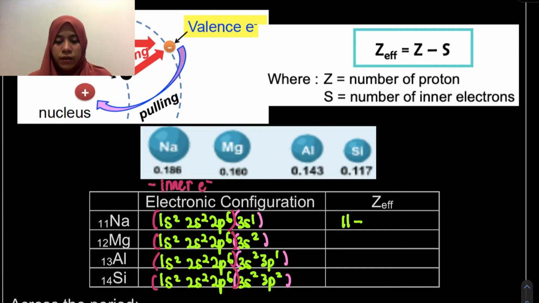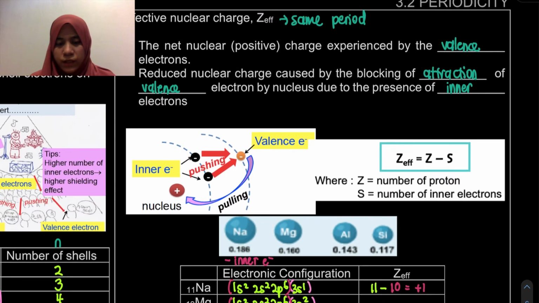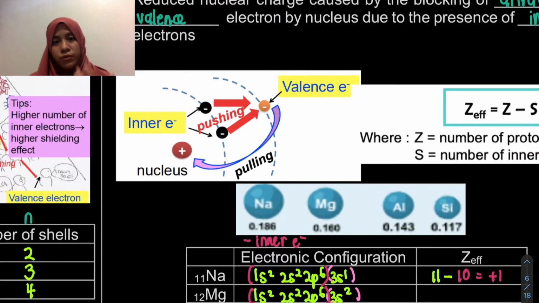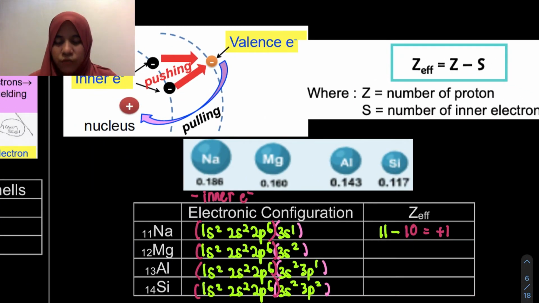Okay, so how many inner electrons? So electron kita sini 2, 4, 10. So minus by 10. So we get our Zeff is positive 1. Okay, positive remember sebab kita nak yang effective nuclear charge ataupun kat sini the net nuclear ataupun positive charge. Sebab the nucleus itself positive ni kan. So that's why dia positive 1.